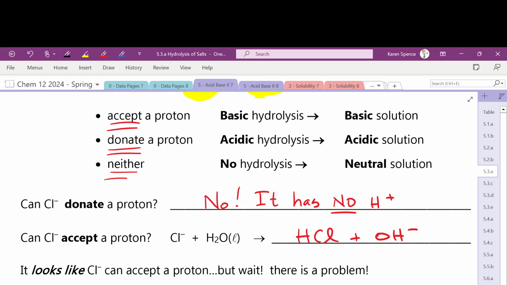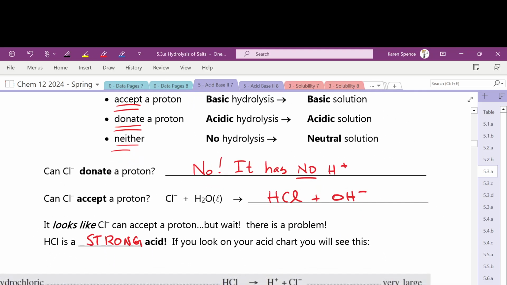Hydrochloric acid is a strong acid. Oh dear. Okay, if you look on your chart, you can see we have the one-way arrow that goes towards the H+ and the Cl-. Cl- will not accept a proton. So we have to say no.